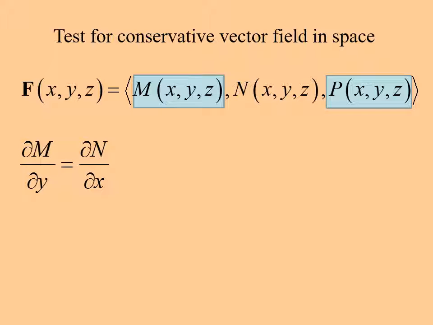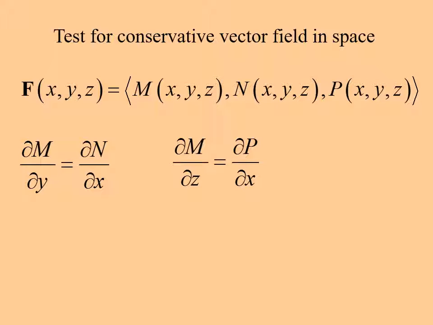Now we have to take the other pairs. The first component, M, was the derivative with respect to x if it's conservative. The third component was the derivative with respect to z if it's conservative. So we would need to check the second derivatives of those, which in this case would be the derivative of M with respect to z and the derivative of P with respect to x.